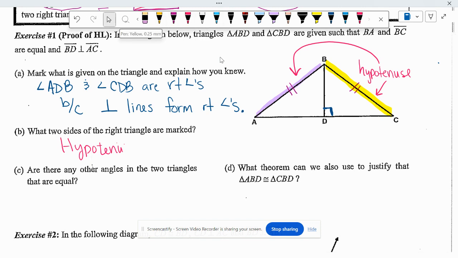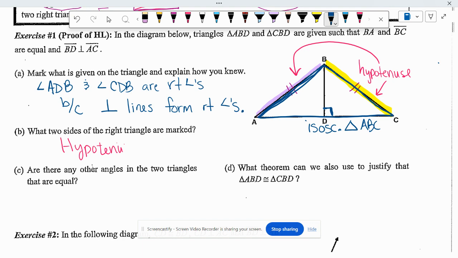Well, I don't want you to think about the whole triangle as two separate pieces. What if we think about it as just one great big triangle for a second? Just one great big triangle. What kind of a triangle has two congruent sides? It is isosceles. So this is an isosceles triangle. Triangle ABC is an isosceles triangle.